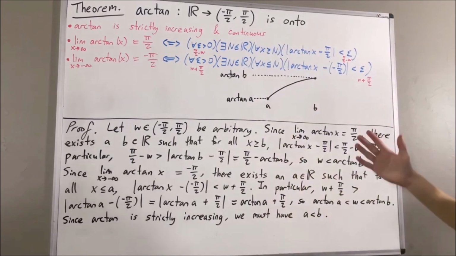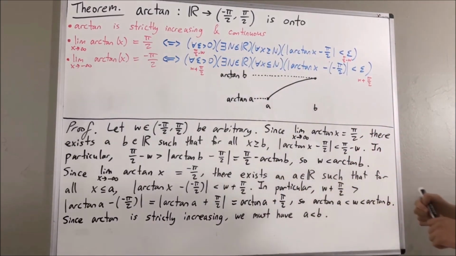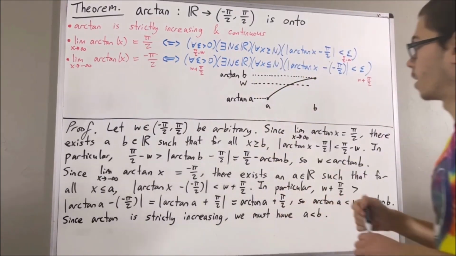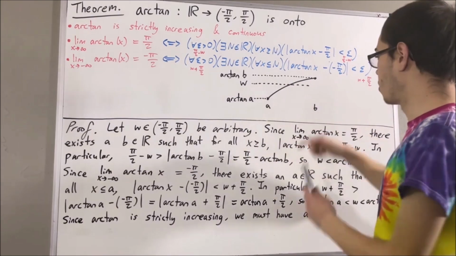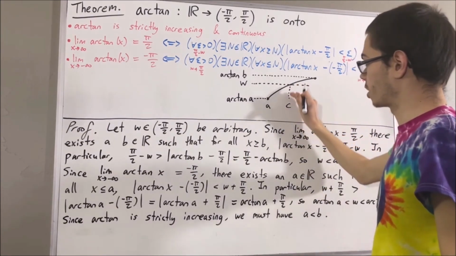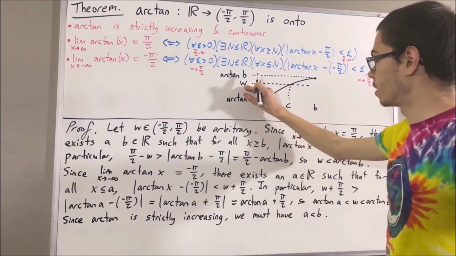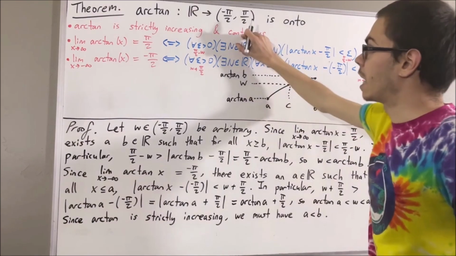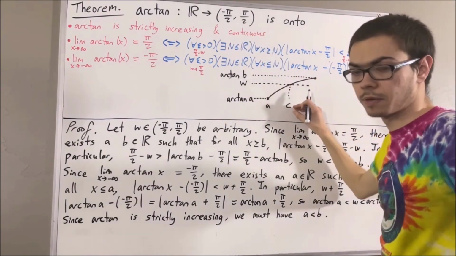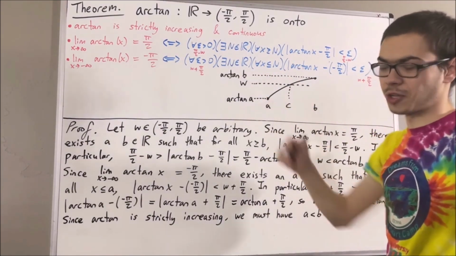And w is some real number between arctangent of a and arctangent of b. Maybe w is right here. And notice in our diagram, we see that there is a real number c such that the arctangent of c is equal to w. And it seems that the continuity of arctangent is what is making this situation happen. In fact, what's really going on here is the intermediate value theorem.